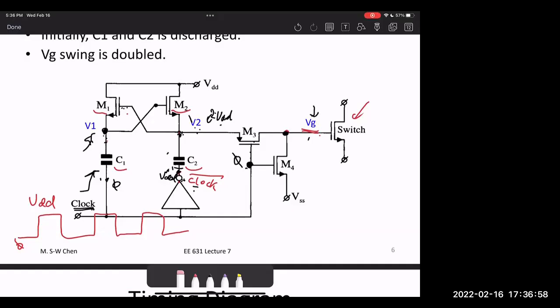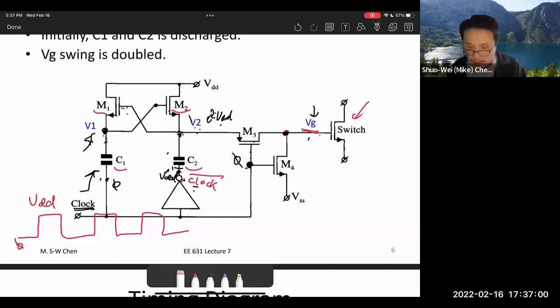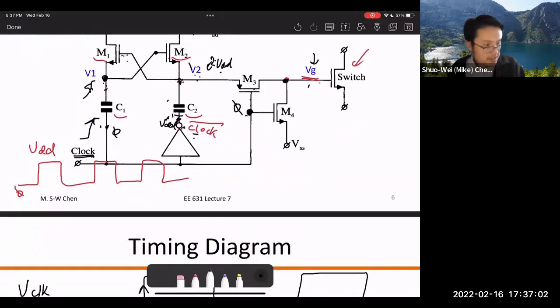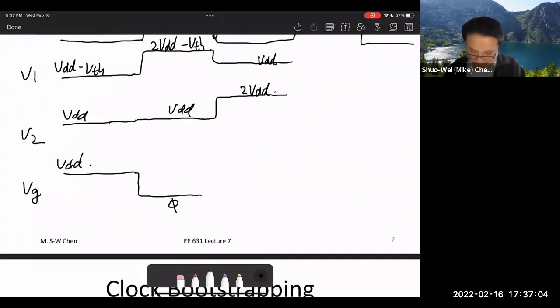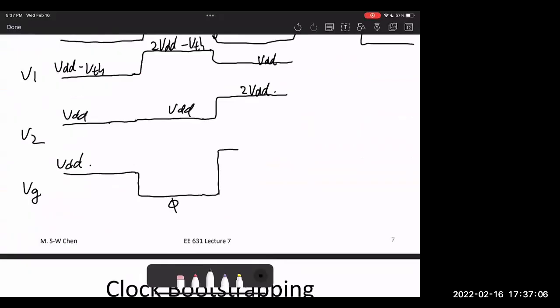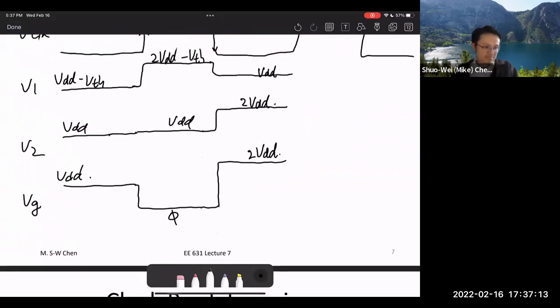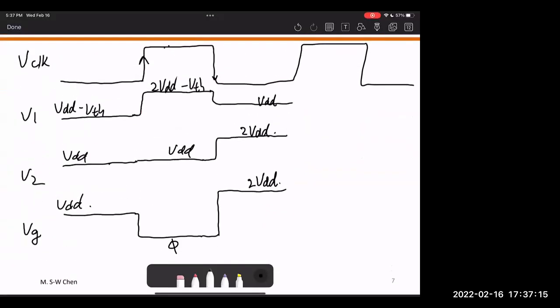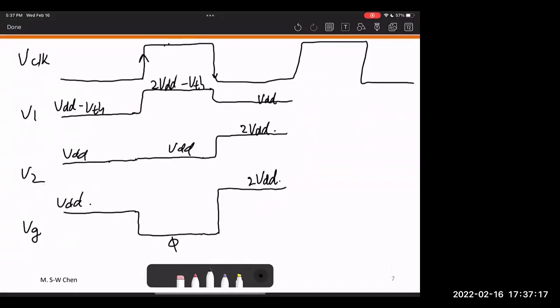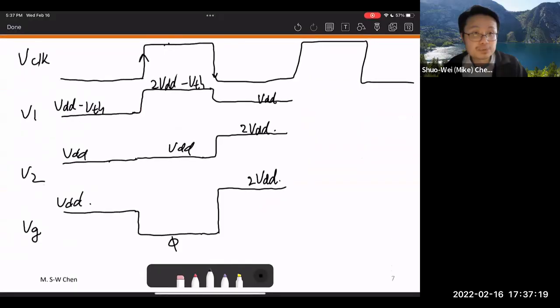And then V2 right now is 2 VDD. So that means that VG here is what? It will go to 2 VDD. It's 2 VDD. Very good. Okay, so there you go. That's exactly why you get the clock boosting, right?